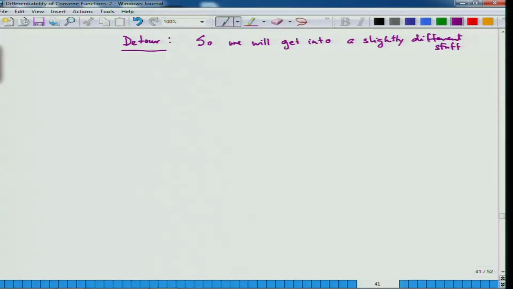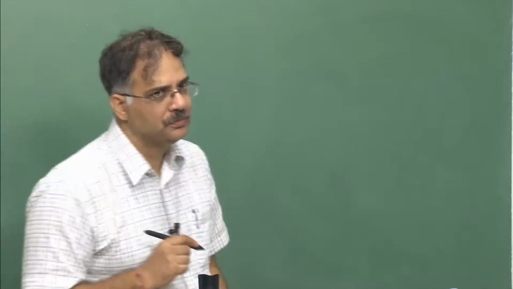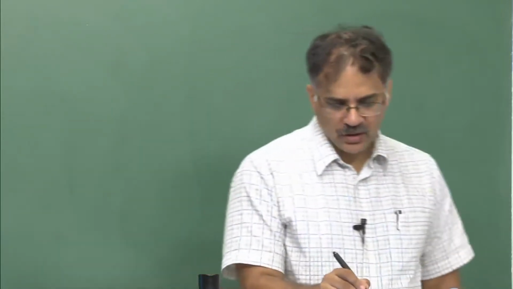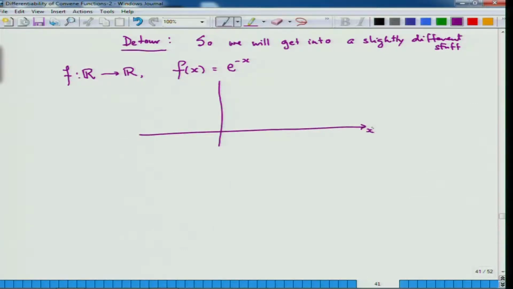In actual optimization, it is not always possible to get the minimum. For example, if I take a simple function from R to R, and it is a convex function, f of x is equal to e to the power minus x. If I try to draw the graph of this function, this is x and this is your y axis, your f of x.